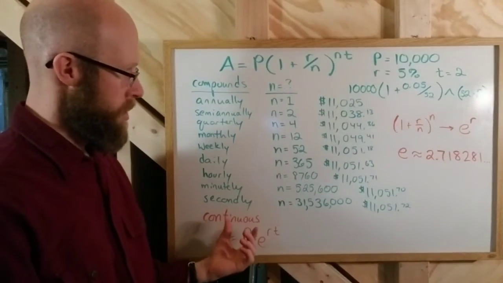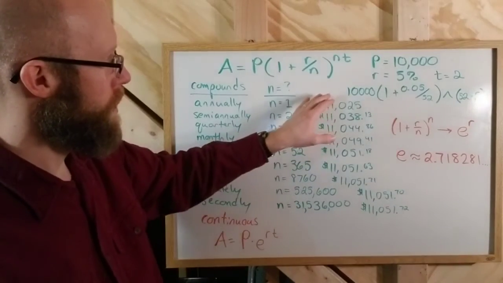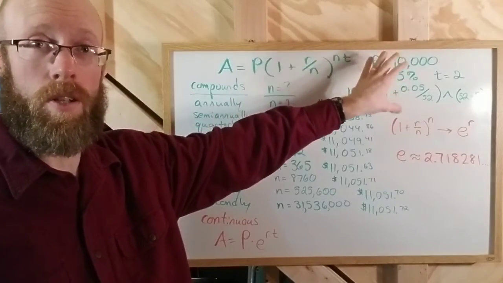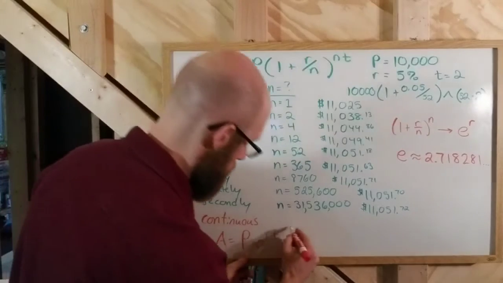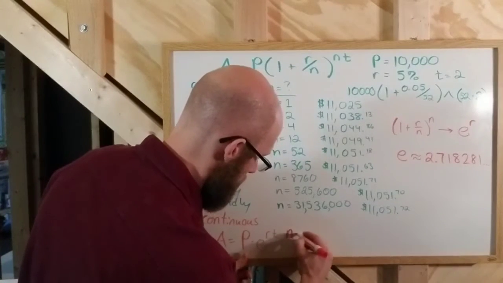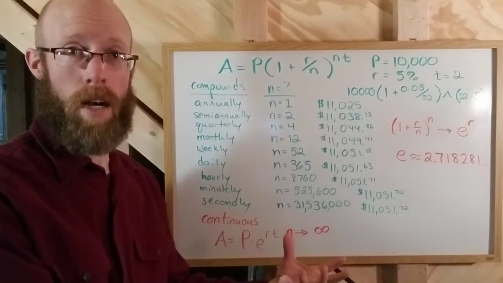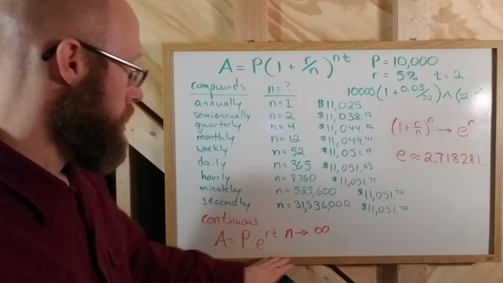If I wanted to evaluate for this situation what continuous compound interest would be, that would be where n is essentially approaching infinity. Again, you can't actually attain infinity, but it's what you would get if you could get there.